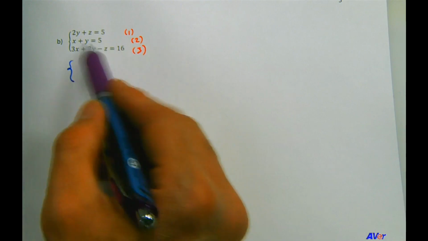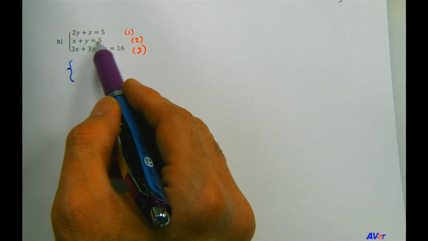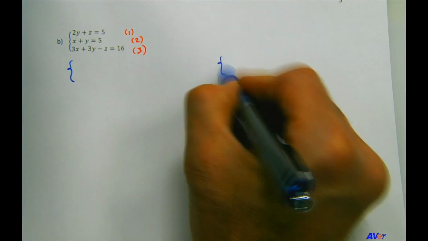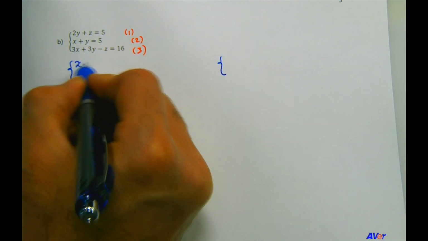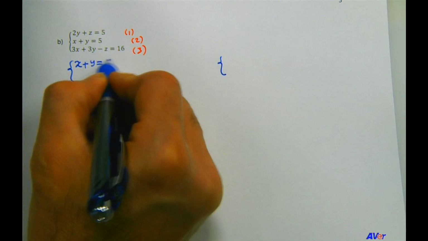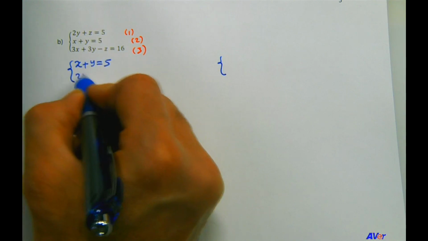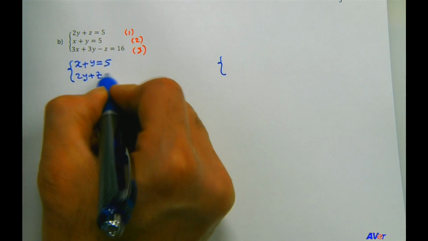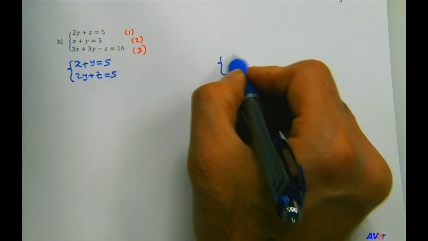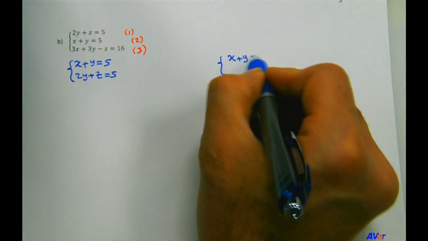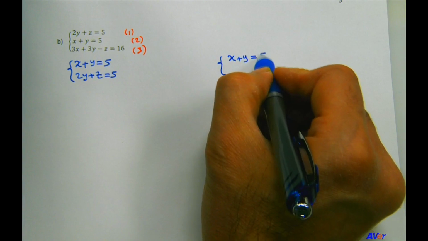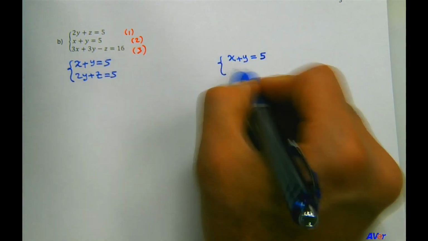That's why I'm going to include equation 2 in both pairs of systems that I'm going to set up. So we would have x plus y equals 5 with the first one, 2y plus z equals 5, and here once again x plus y equals 5, right? And the third equation.